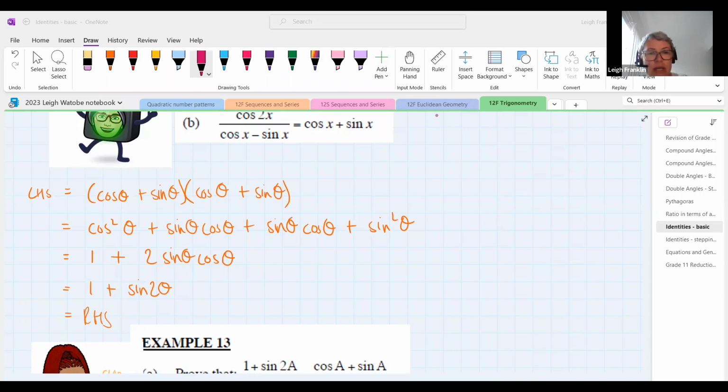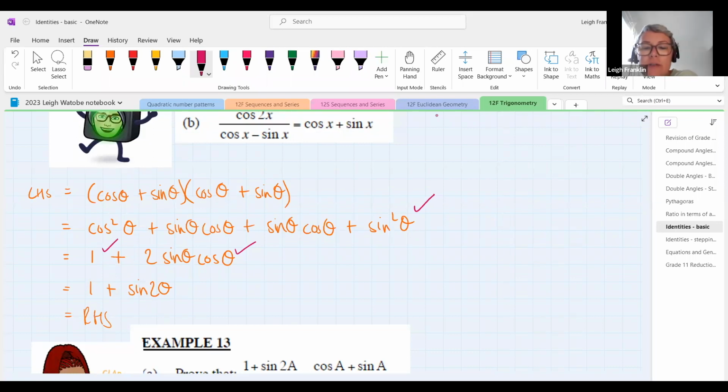Well, you would definitely get a mark for expanding your brackets, then using your identity, so going cos squared theta plus sine squared theta is 1. And then here, I think for collecting the sine theta cos theta and getting that. Okay, I think that's where your marks would be awarded. Okay, Nadia. All right, Andile, it's all yours.